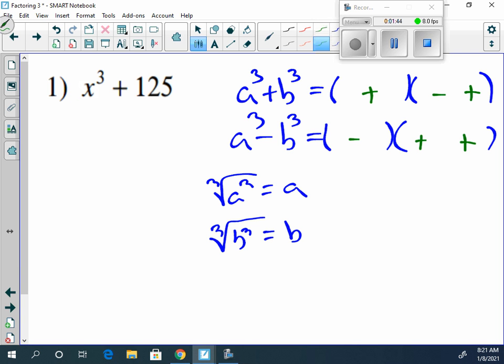Now, when we plugged in a and b, in the smaller box it would be a, b, because it's just them to the first power. In the bigger one, we would have a squared, ab, b squared.